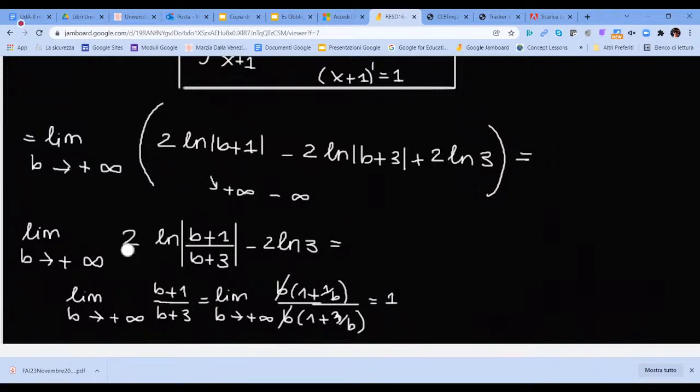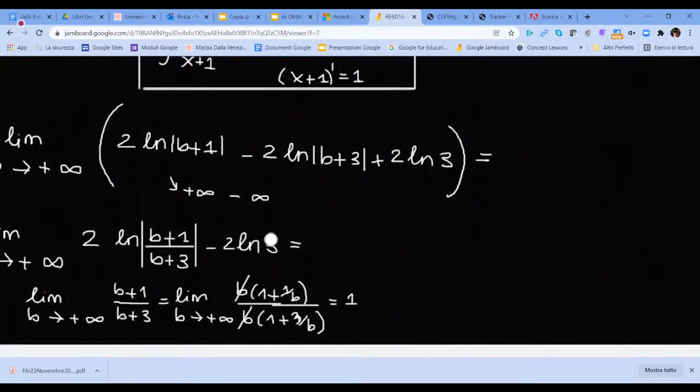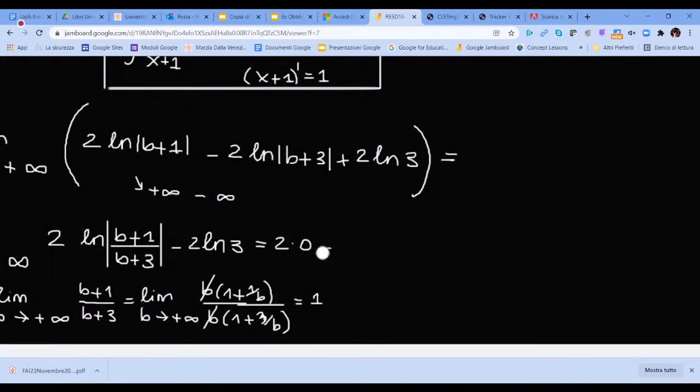That means that this limit, for b approaching plus infinity, is the logarithm of 1, that is 0. So it is 2 times 0 minus 2 times logarithm of 3, because logarithm of 3 is a number that is independent from the computation of the limits, because there is no b inside the expression of this term.